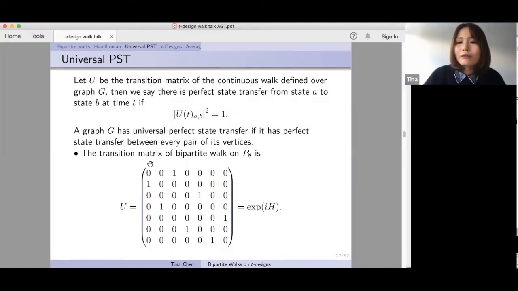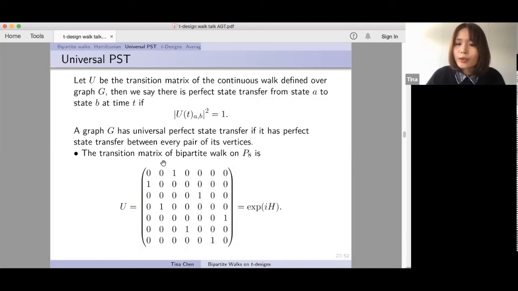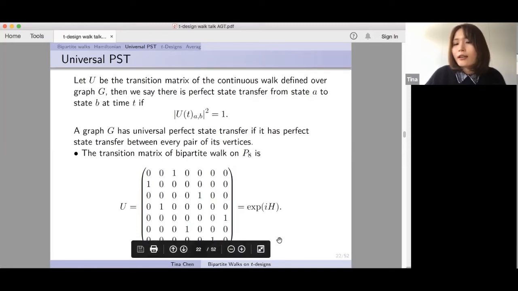And then we say a graph has universal perfect state transfer if it has perfect state transfer between every pair of its vertices. So here we see, because the bipartite walk on P8 has its transition matrix be a permutation matrix of order 7, the continuous walk over its H-digraph will have universal perfect state transfer.